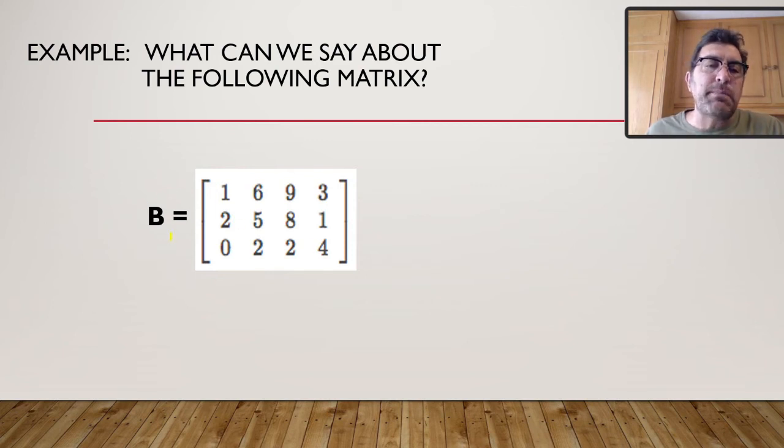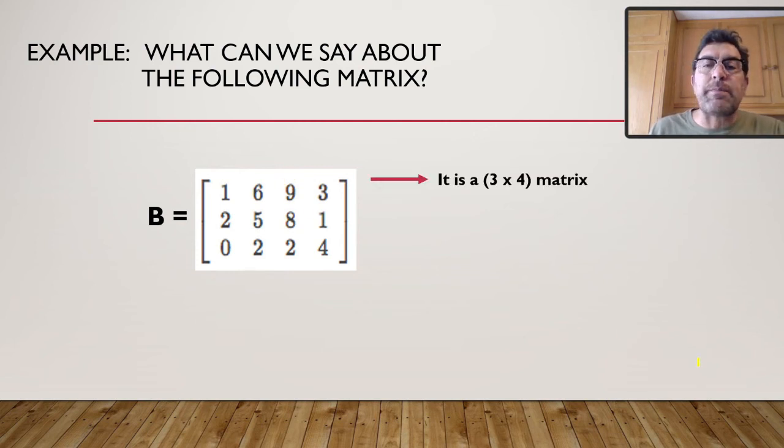The matrix B can be described as a 3 by 4 matrix, defined by its size or its dimensions: 3 rows, 4 columns. If I want to talk about the entry 9, I'm going to call it B1,3. First the row, then the column. So that is entry B1,3.